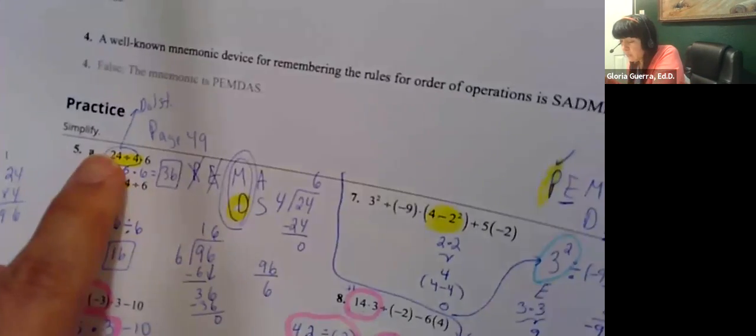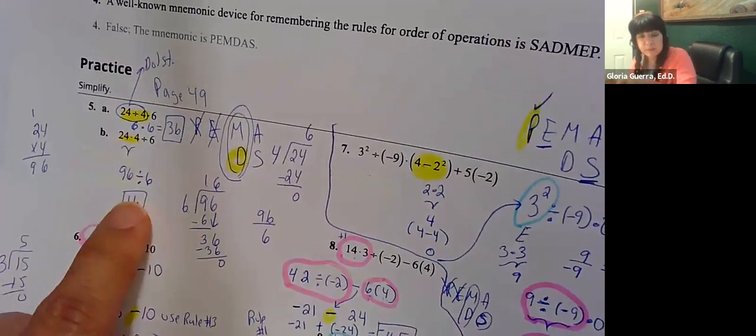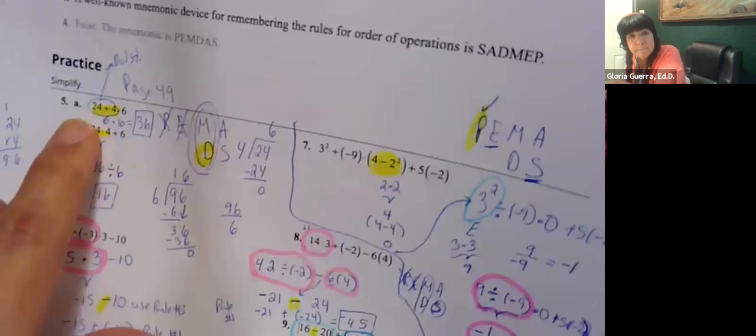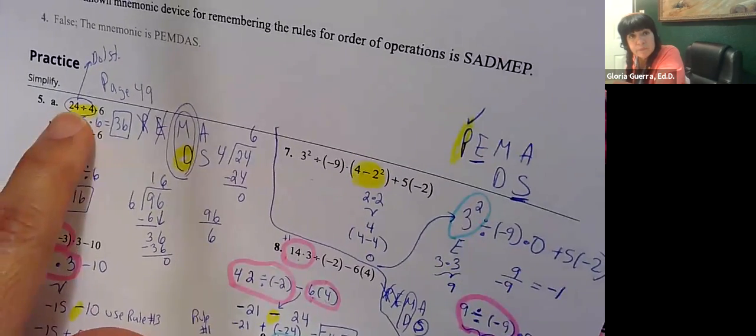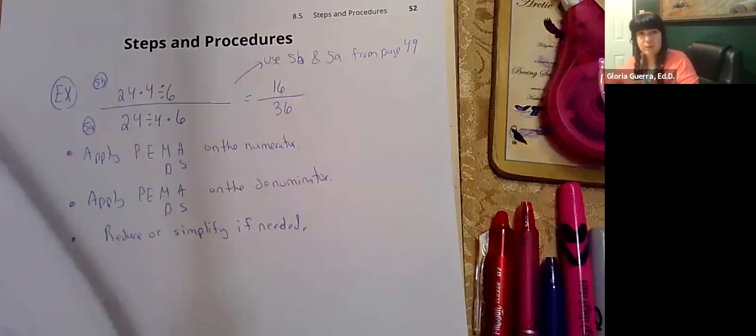The answer we got for 5B was 16, and the answer we got for 5A was 36. I'm just doing that to save class time.